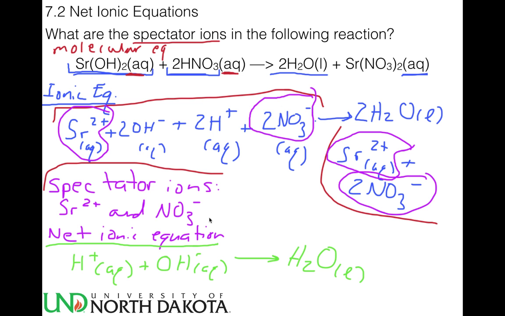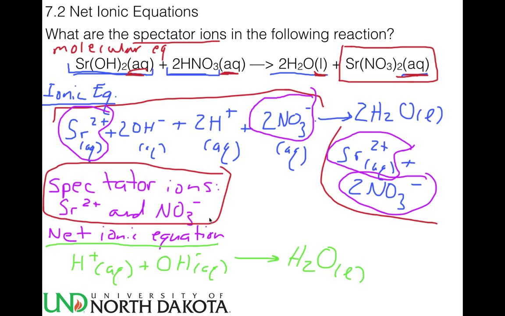Alright, so something to notice is that in an equation like this, where you have aqueous compounds combining to form a solid, as in the previous example, and a liquid in this example, as well as another aqueous compound, the ions that form the aqueous compound on the product side are the spectator ions.